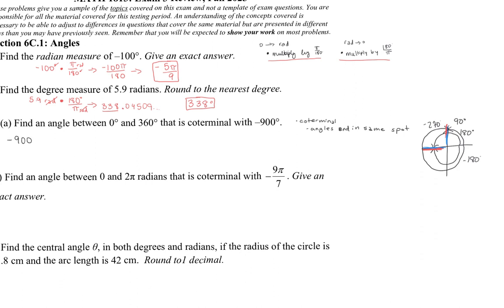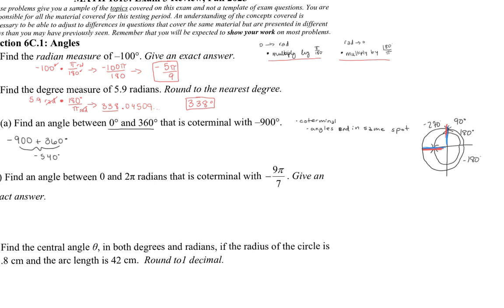Right, so with this example, we are given the angle negative 900, and we're trying to find its coterminal angle between 0 and 360. So the key is basically to add 360 until you get to the point you want to get to. So if we add negative 900 plus 360, that is negative 540 degrees.